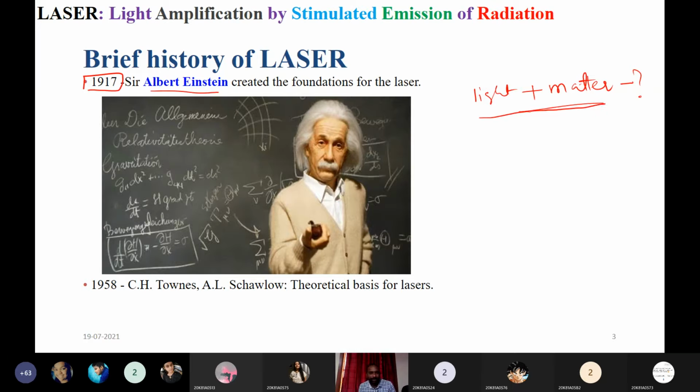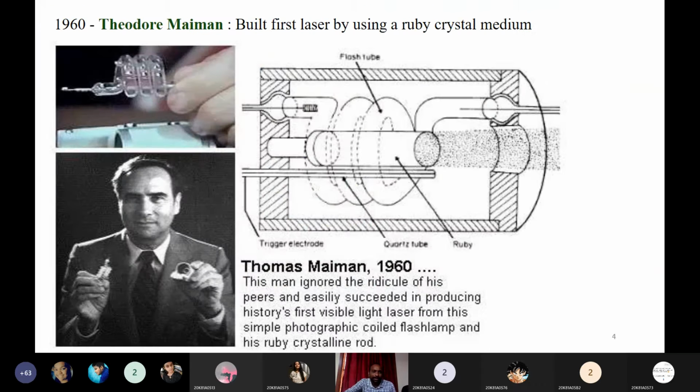In 1958, Charles Townes and another person developed the laser beam theoretically. How can we create a laser beam using different materials? Theoretically they proved it. Then in 1960, Maiman first developed the ruby laser. The first laser was the ruby laser, a solid state laser.